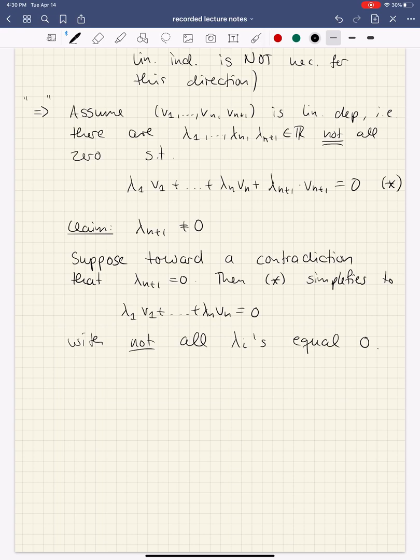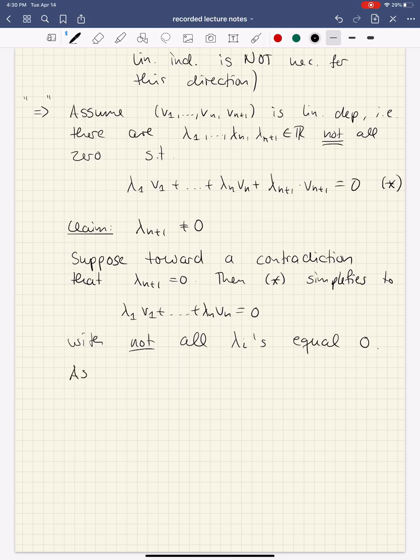Since lambda_{n+1} is equal to 0, some of the other ones don't have to be. But now, this is precisely the point where the fact that v1 through vn is linearly independent comes into play.